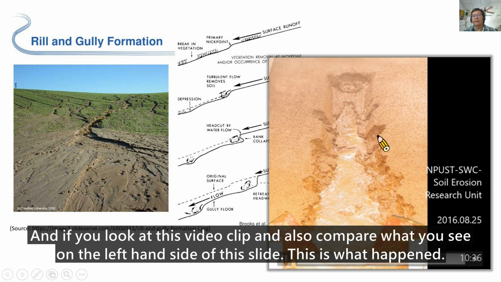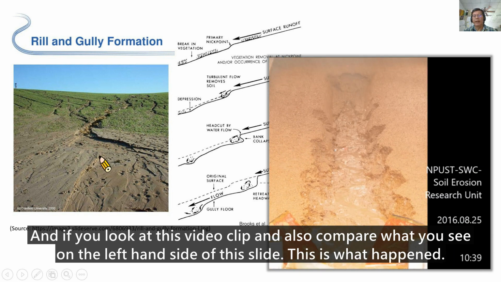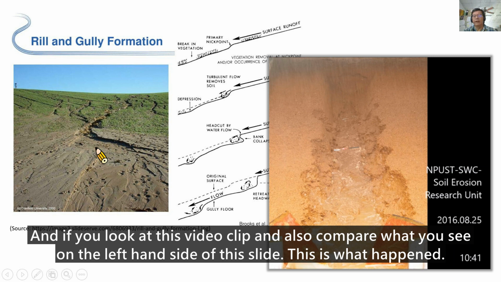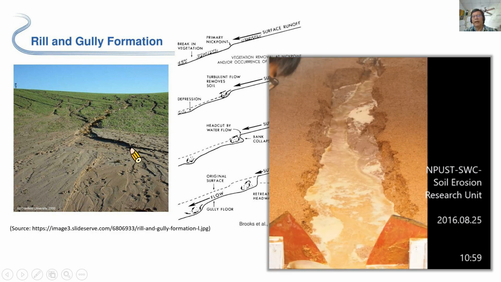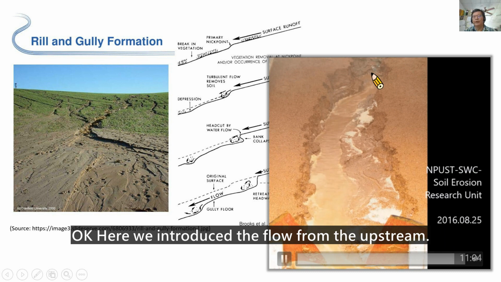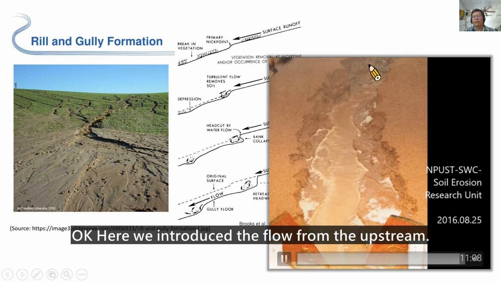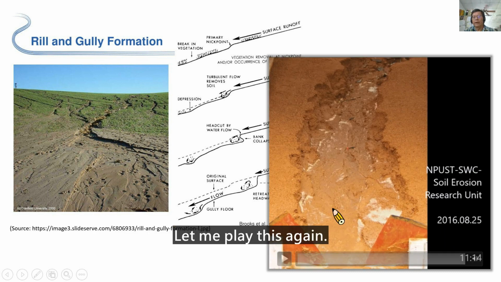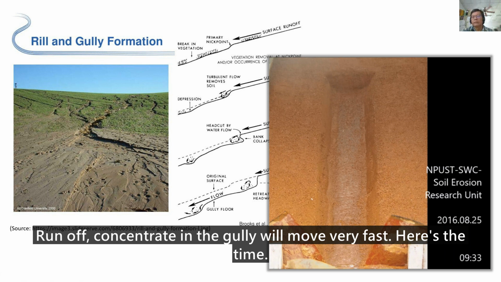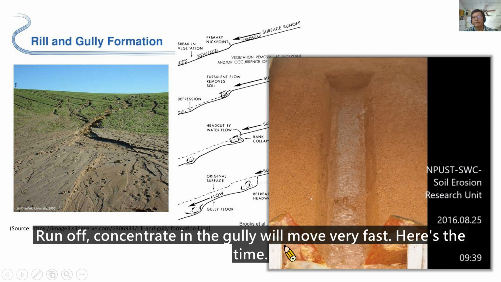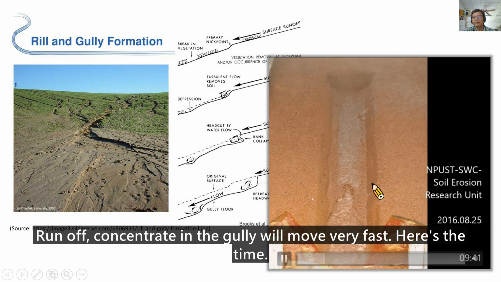If you look at this video clip and also compare what you see on the left-hand side of the slide, this is what happened. Here we introduced the flow from the upstream. Okay, let me play this again. Runoff concentrates in the gully.